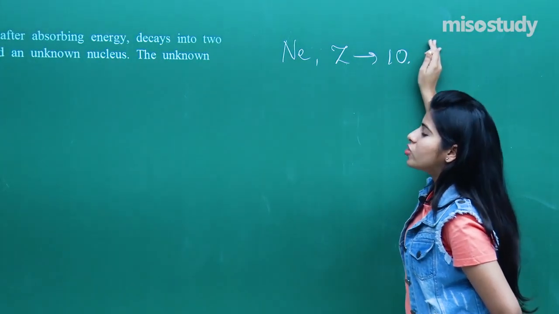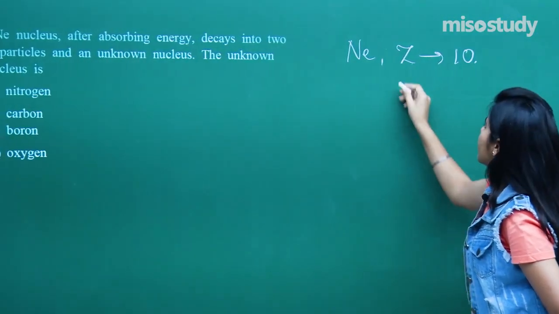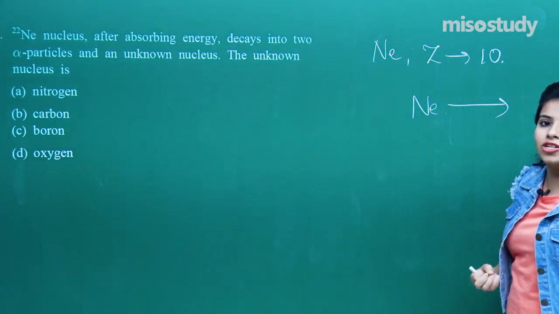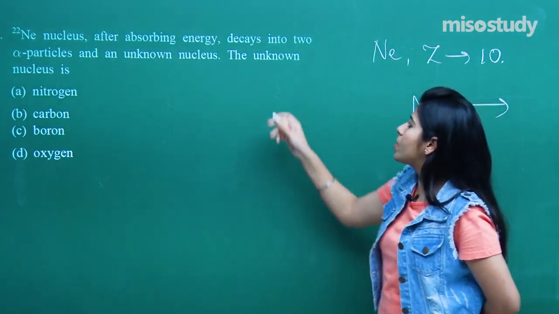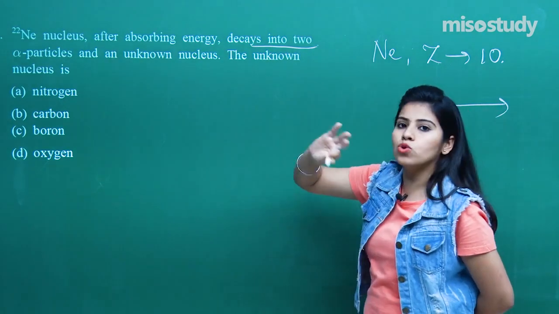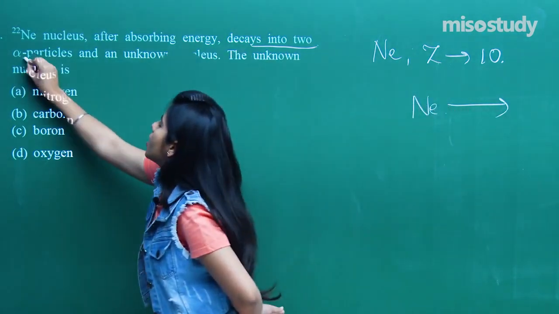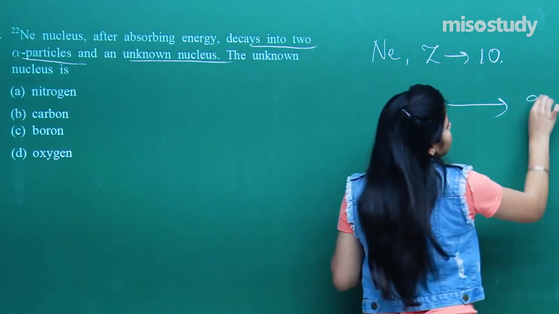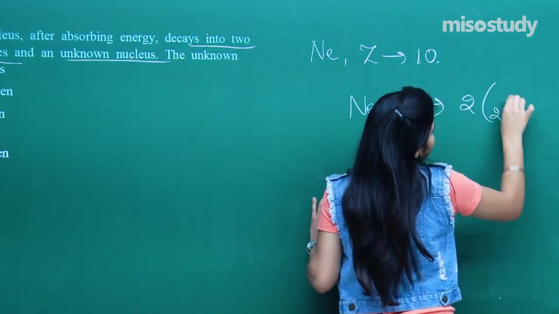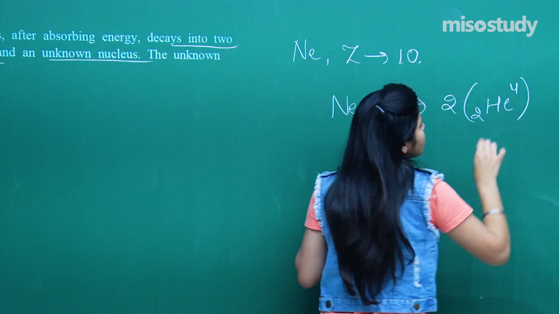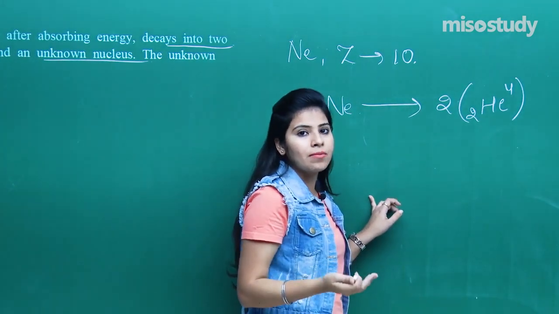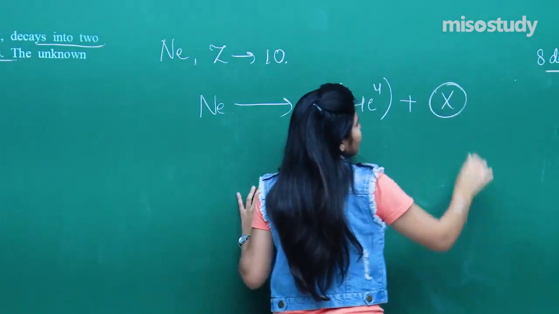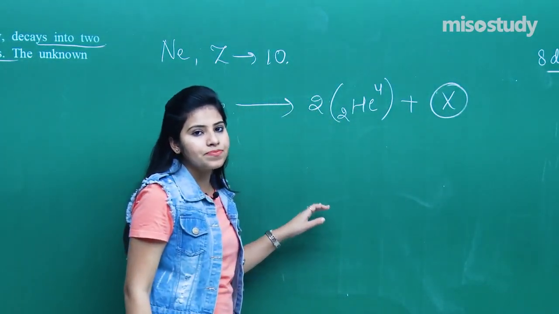Now in the question they are saying that this neon absorbs energy, and after absorbing energy it decays into 2 alpha particles and an unknown nucleus. So let me write over here 2 alpha. Alpha particle is nothing but the helium nucleus.